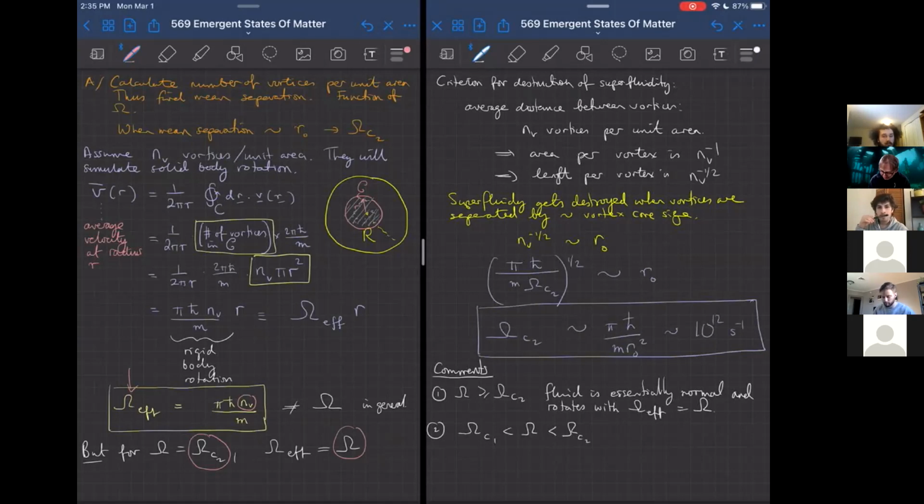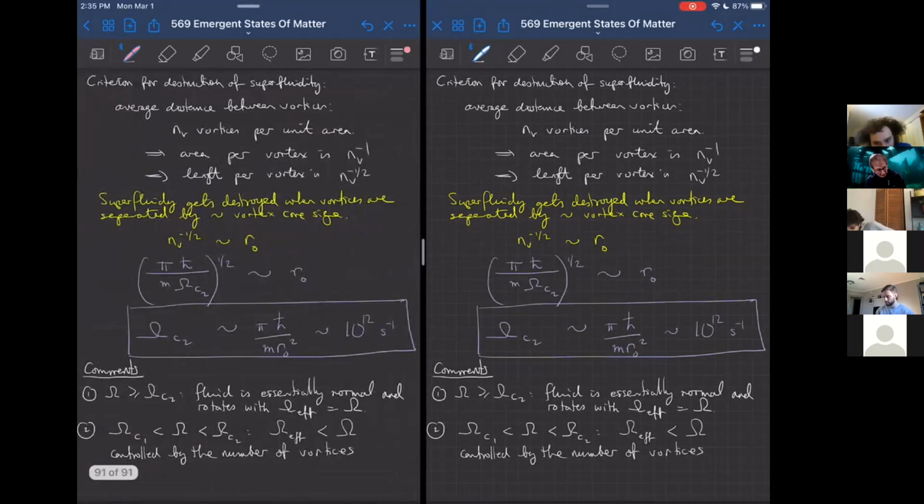So in this regime over here, what happens is the effective omega is less than the rotation rate of the bucket. It's not exactly rotating with full rotation, and this is controlled by how many vortices you have. And that number, of course, increases as I increase the omega.